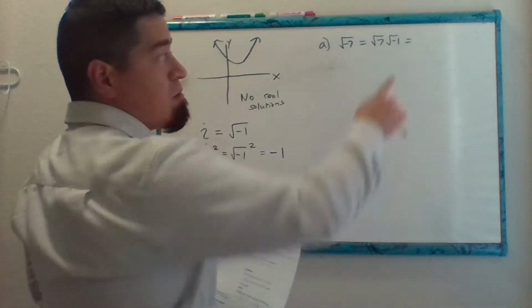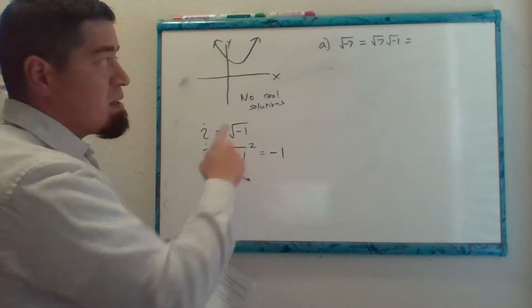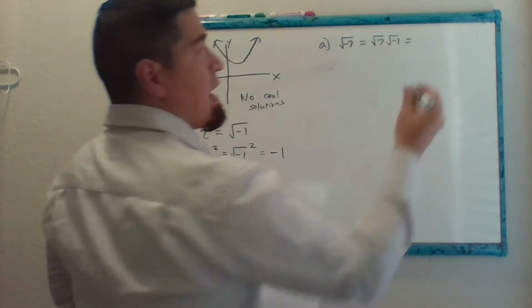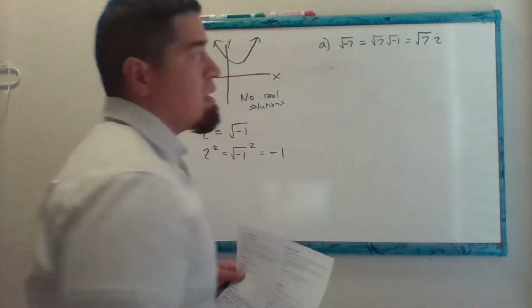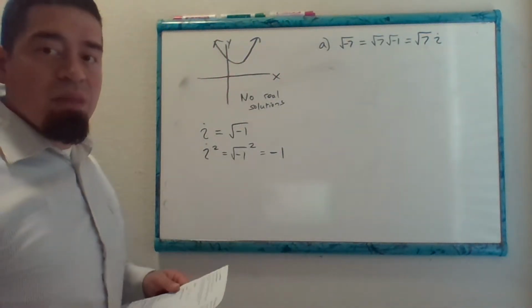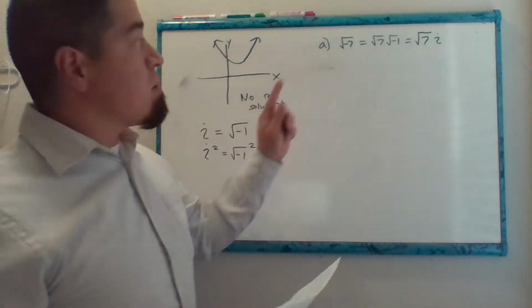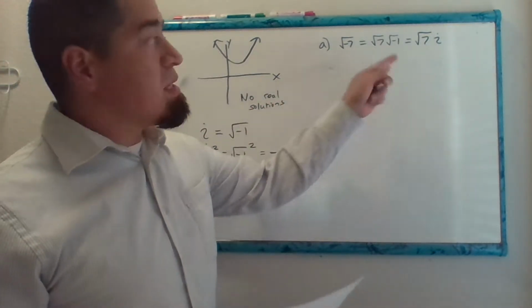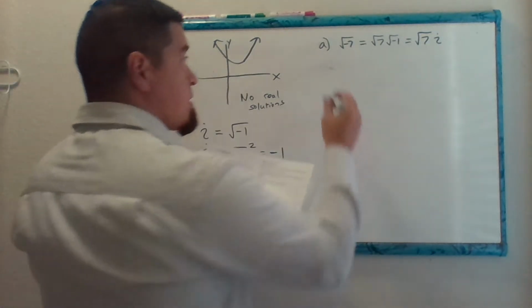Furthermore, what do we know the square root of -1 is? According to what we have here, it's going to be i. So then I have square root of 7, i, and there's nothing else I can simplify there. Rest assured, any time you have a square root of a negative number, there's going to be some kind of i in there, as in the following examples.